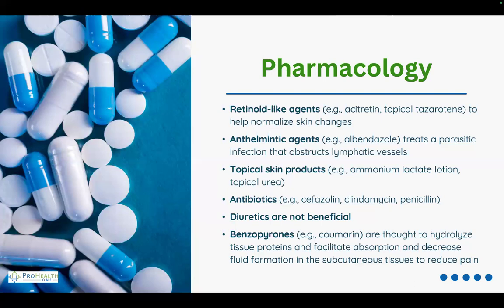Diuretics actually are not very beneficial in lymphedema. Usually, because the issue is a problem with lymphatic drainage or a structural lymphatic problem, addressing that with compression is usually a better way to handle this than just trying to reduce the volume with diuretics themselves. So they tend not to be very beneficial with lymphedema.